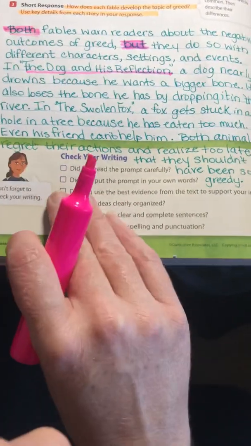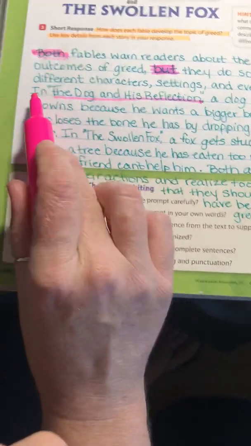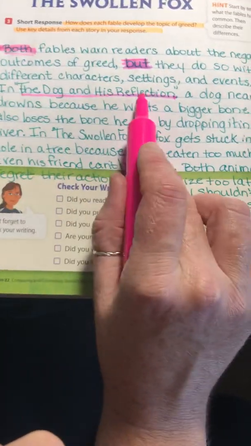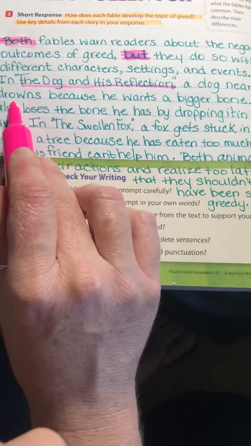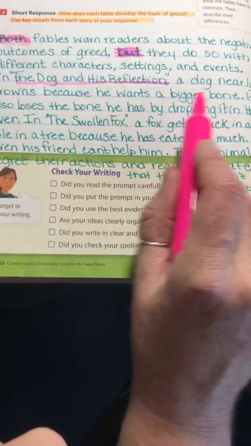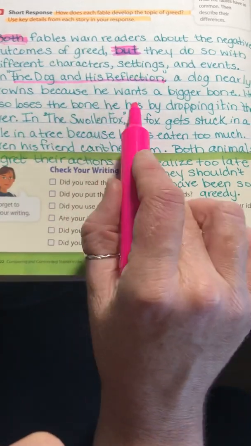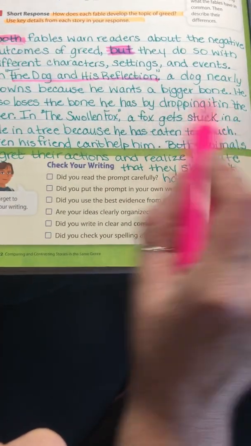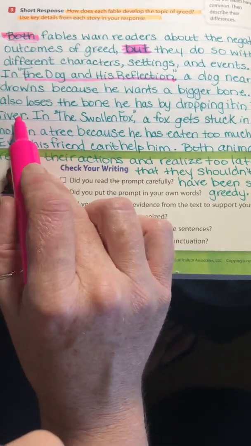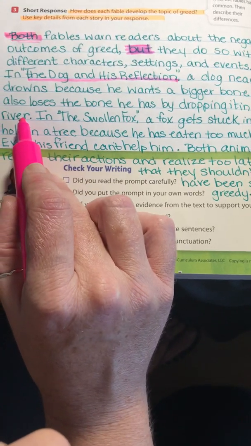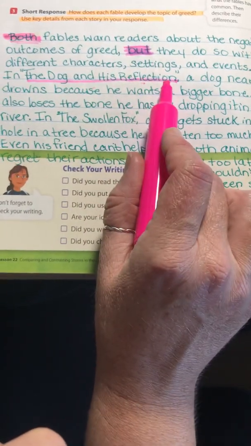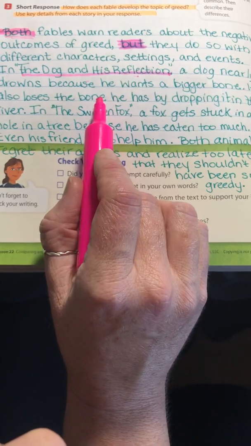And I have to pick out that example of him being greedy. So I'm going to say in The Dog and His Reflection, a dog nearly drowns because he wants a bigger bone. He also loses the bone he has by dropping it in the river. So that's how The Dog and His Reflection developed the topic of greed.